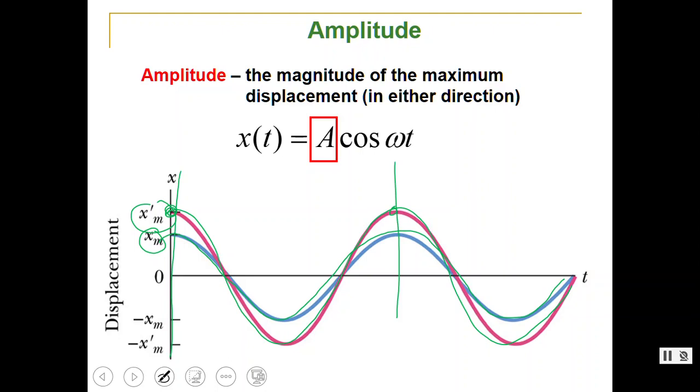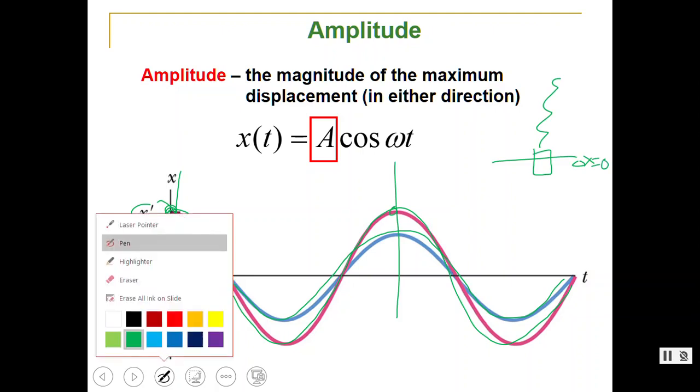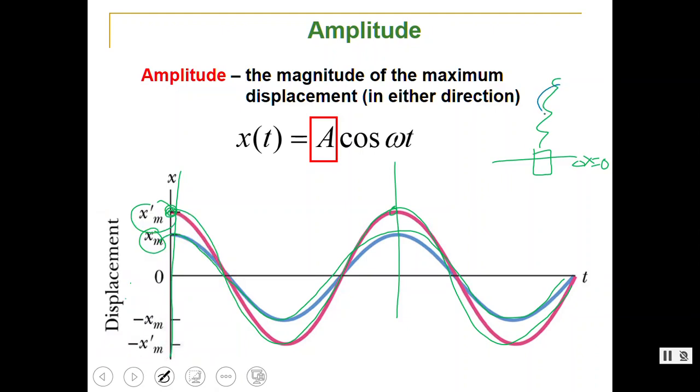And so if you change the amplitude of the displacement, so for example, if I have a mass here on the bottom of a spring, and this is its resting place, this is where we set displacement equals to 0. Gravity and the spring force are balanced right here. So if I were to displace it, say, to this position right here, and let it go and oscillate, or if I were to displace it to this position here and let it go and oscillate, and as long as I'm staying within the feasible range of the behavior of the spring, then this is going to oscillate back and forth in the exact same period.